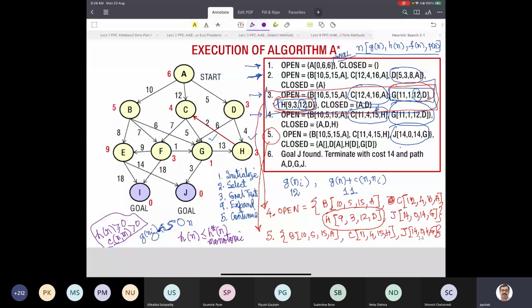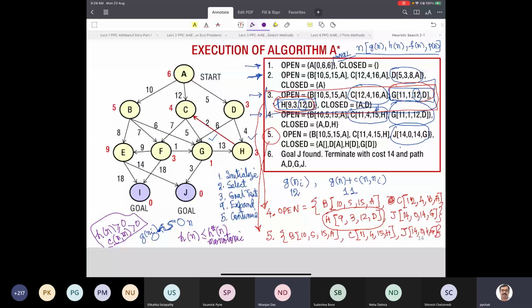Sir, I had a small doubt. Beside the nodes, what is written, 6, 3, 4 in red, those are the Hn values, right? Yes, those are the Hn values. So did we pre-calculate those before the A star algorithm?